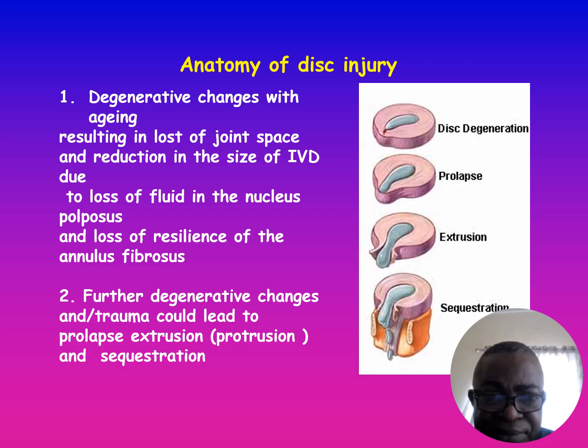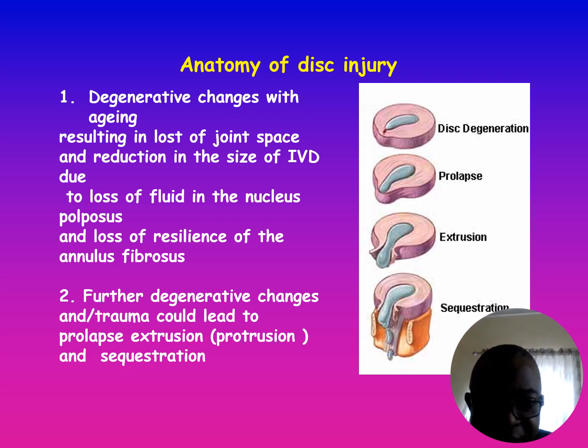By the time the annulus fibrosus gives way and both of them result in pushing on the nerve roots, then we're going to say there's disc extrusion. And by the time part of the extrusion breaks away and gets dislodged in other segments of the spine, beside the original place where the problem is happening, then we're going to say there's disc sequestration.